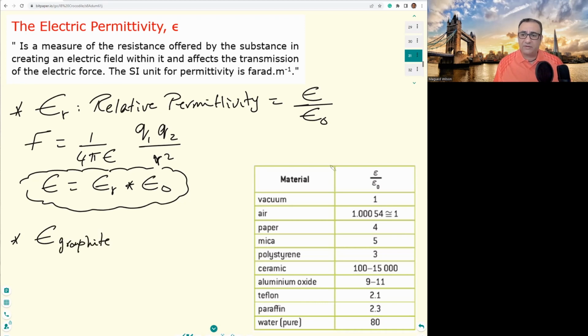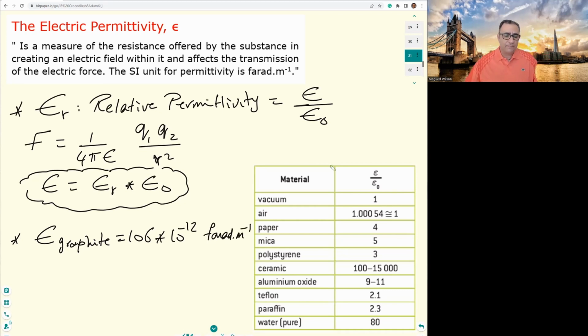Okay, so if the medium is graphite between the two charges, obviously I'm not going to use epsilon naught anymore, so I have to use the value of epsilon graphite, and it could be given in the question around 106 times 10 to the power of negative 12 farad meter minus 1.